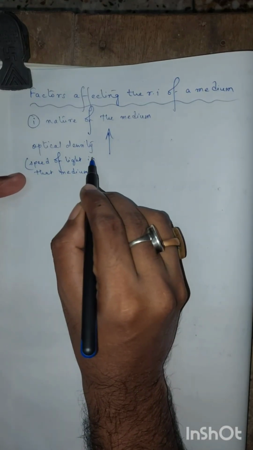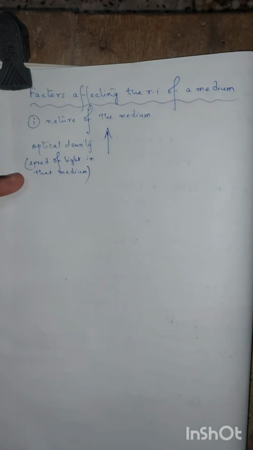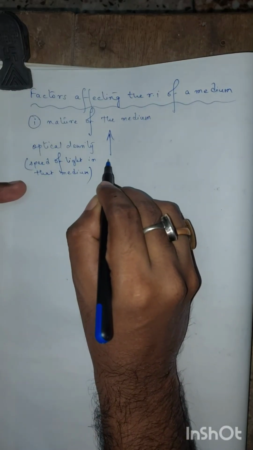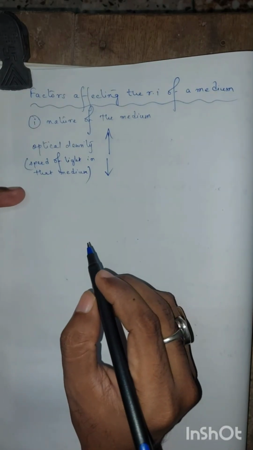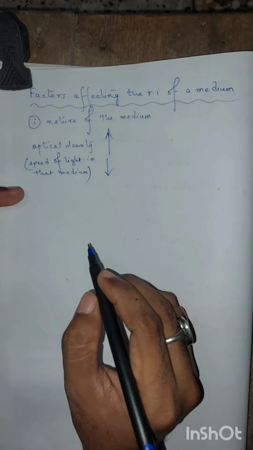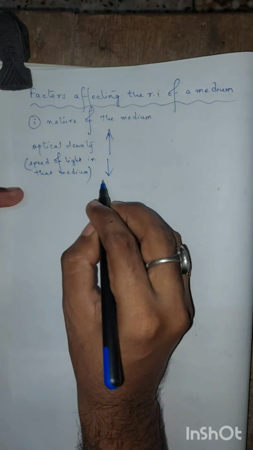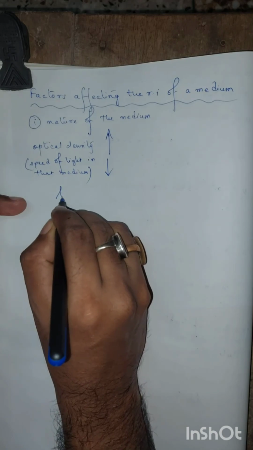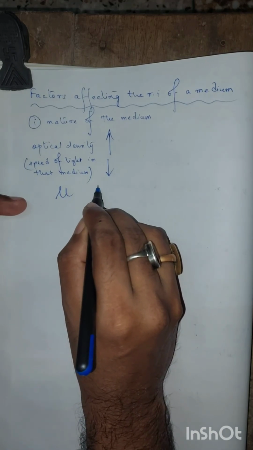If the optical density increases, the speed of light in that medium decreases. And when speed of light in that medium decreases, the refractive index increases.